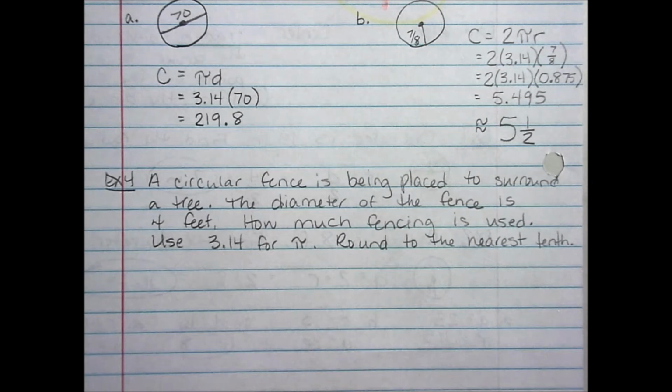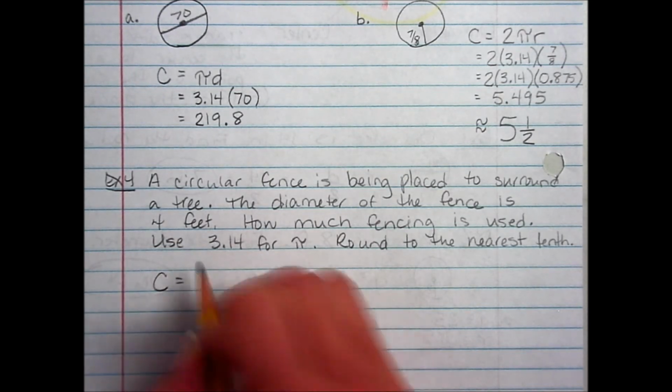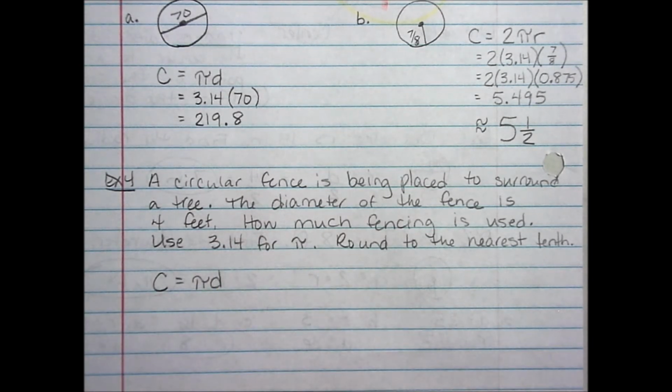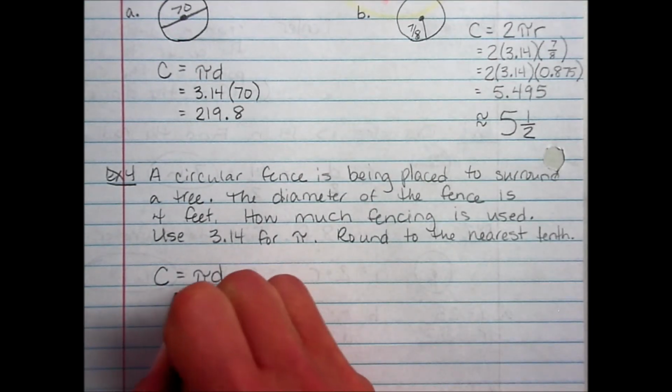Okay, so which formula shall we use? Look back in our word problem. Okay, Jay? Circumference equals pi times diameter. That's correct. Okay, so then we plug in what we know.